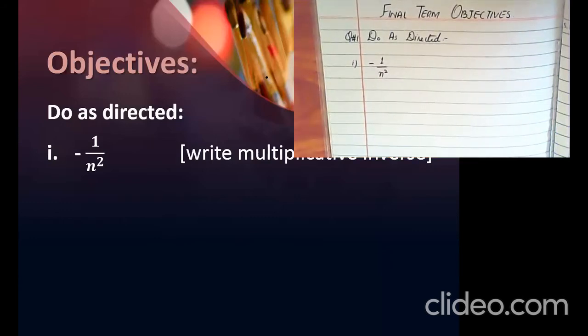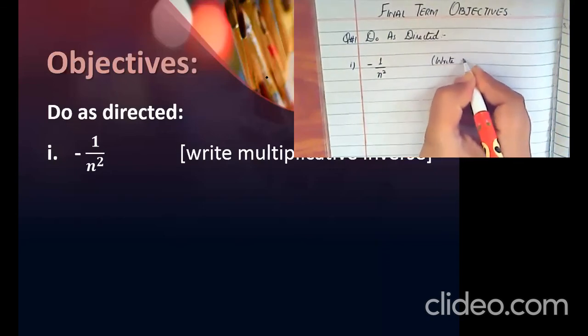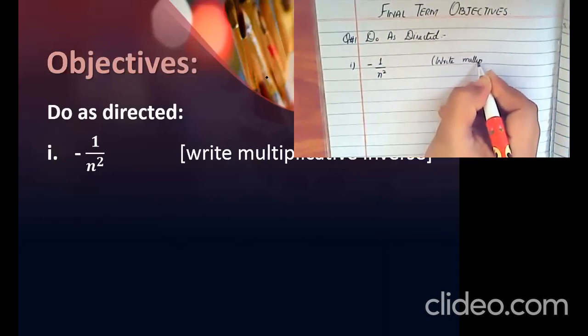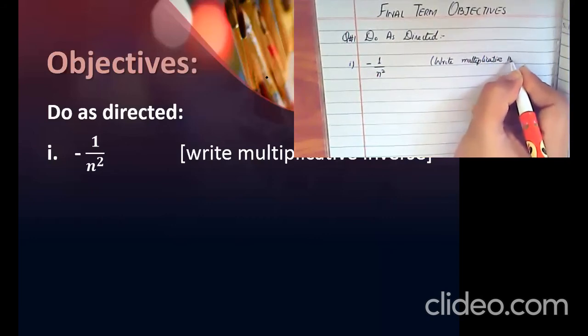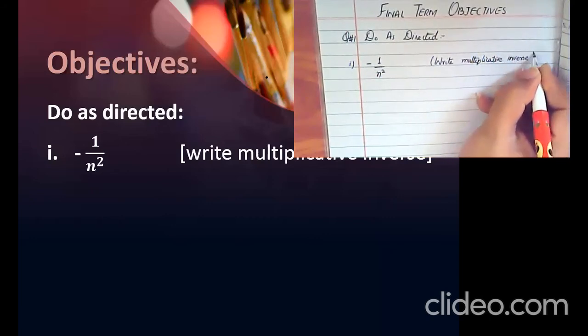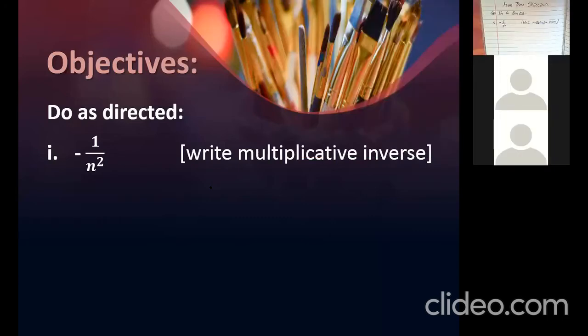Write the multiplicative inverse. This is your classwork. Now write down its direct answer. You have to give us the direct answer.